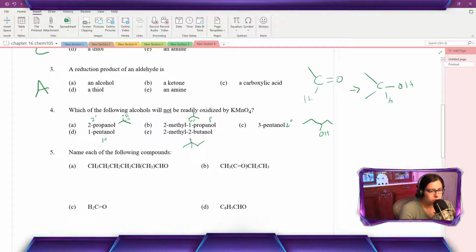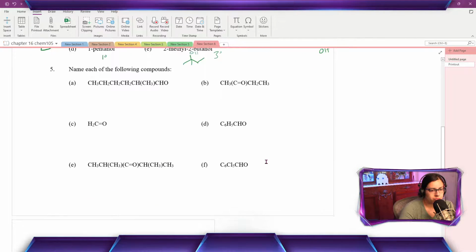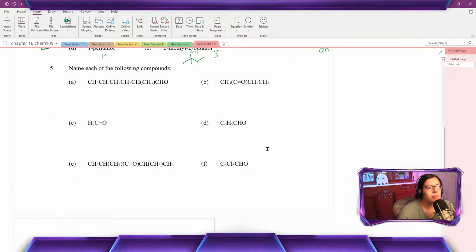So 2, 2. So methyl butanol. So there's no H here, right? There's no hydrogen. So this is going to be a tertiary one. So this is going to be the most difficult. So E. Skip naming.